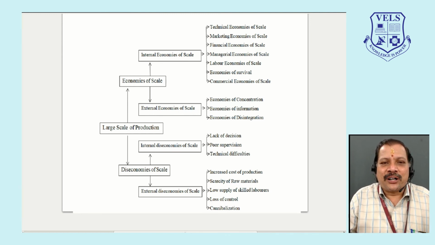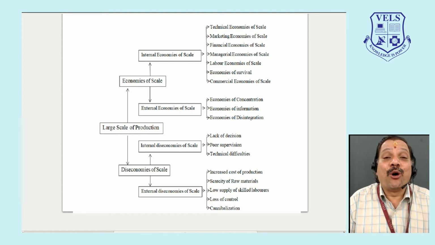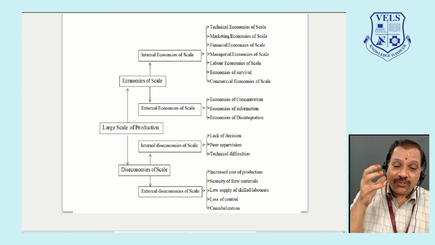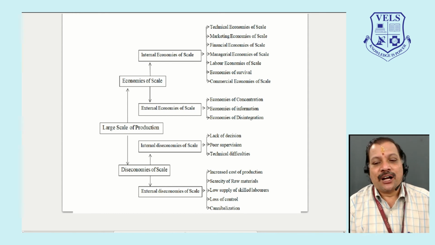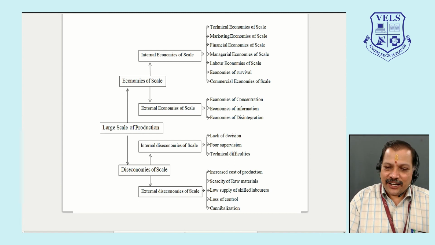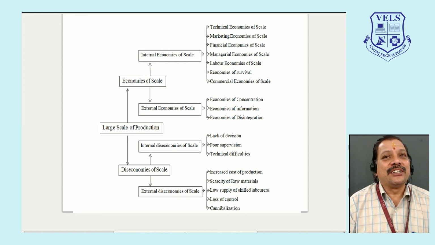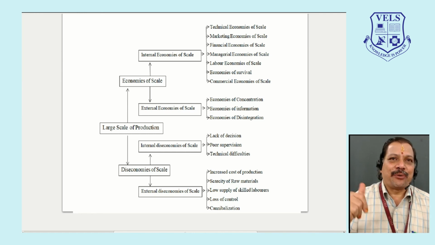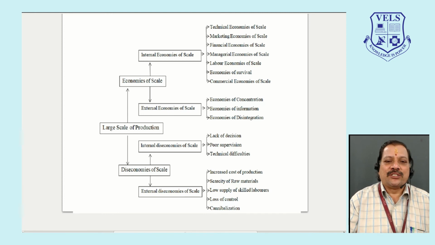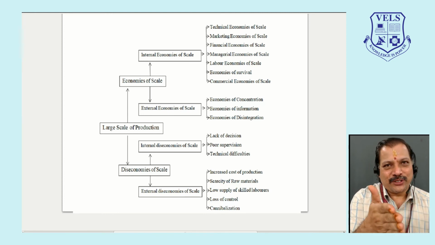The local government, the state government and the central government will depend on us, so they will give more priority and other things because of economies of information. And apart from that, economies of disintegration are also possible. Each and every unit will act as a separate company, and on the whole we can get more advantage of it. So these are all the advantages as far as economies of scale are concerned.